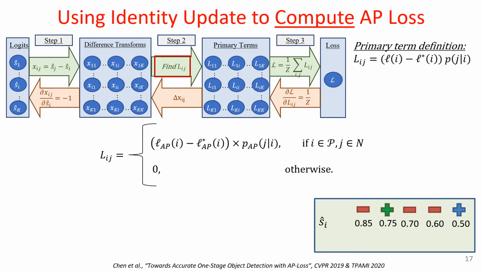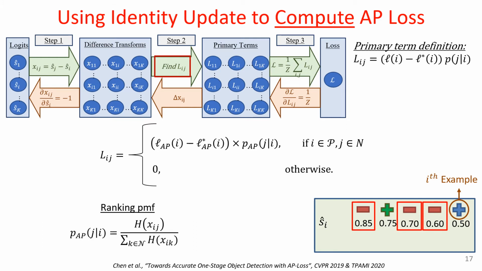More precisely, for positive-negative pairs, the ranking probability mass function distributes the error computed on ith positive uniformly over negatives with logits larger than the ith positive example. This is because if there is ranking error on a positive example, this is due to the negatives with larger scores. This ranking probability mass function expression corresponds to this operation.